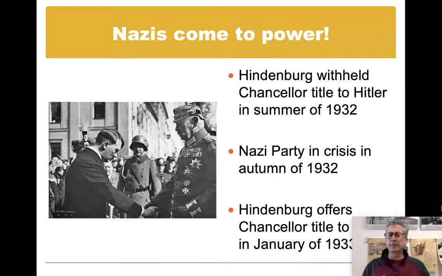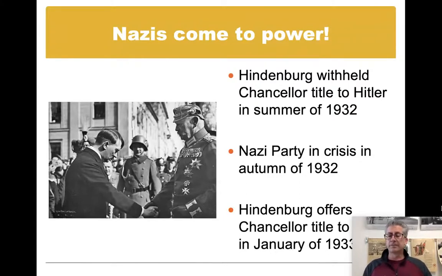They really thought that because of their election success, Hitler would get the title of chancellor. He was not interested in vice chancellor. He was not interested in some minor minister role. He wanted chancellor. And so in the autumn of 1932, the Nazi Party is in a crisis.